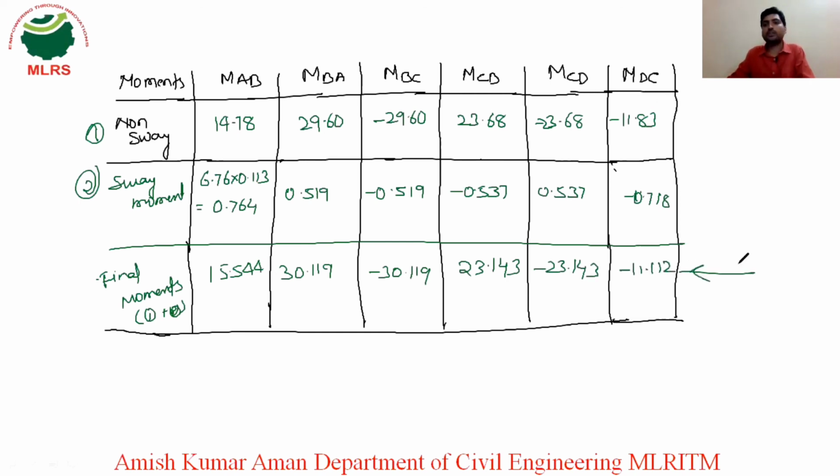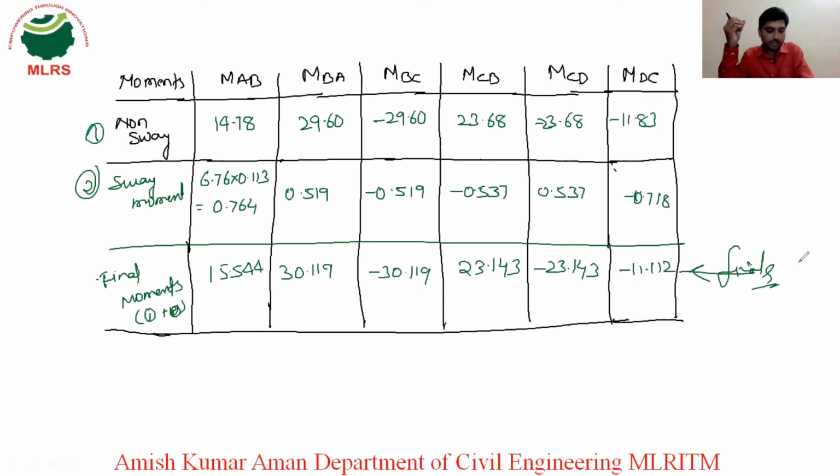So these are your final moments. In the previous problem we calculated a single distribution of moments, but here we need to calculate after two distributions and again after multiplication with the correction factor. So remember this is a very lengthy problem. It takes time while calculating as well as while solving the problem. So be sincere about this, and you must be faster in calculation with your calculators.